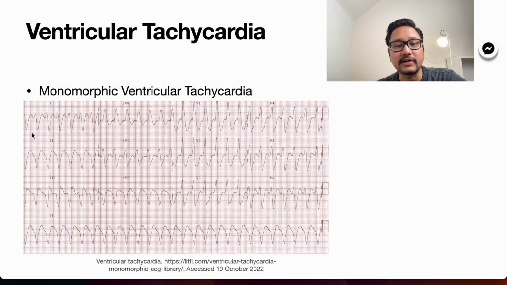As you can see here, these are all bizarre QRS complexes of more than 120 milliseconds, and we don't see any P wave. Compared to supraventricular tachycardia, they have very wide QRS complexes. Similarly to SVT, they don't have a P wave either, but they look really bizarre, and the QRS complexes are really wide.